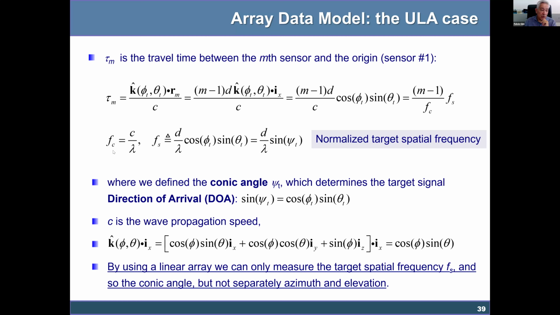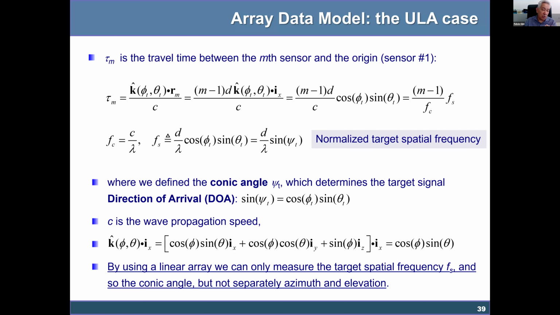Now, as you remember, the central frequency Fc can be expressed also as the ratio between the speed of propagation in free space, that is the speed of light, divided by the wavelength. And if you define Fs, which is called normalized spatial frequency, as d over lambda times cosine phi sine theta, this is an adimensional quantity.